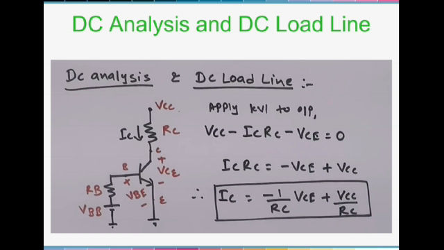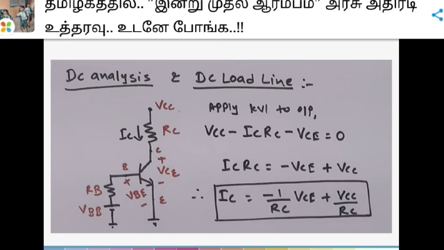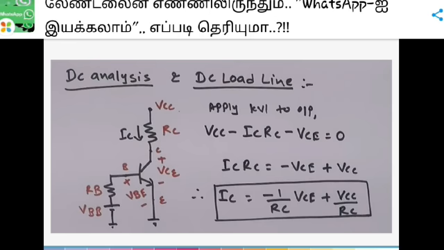So the total voltage here is VCC minus the drop across the next resistor RC. Here the voltage drop, V equal to I into R, is ICRC. So VCC minus ICRC. Then VCE is in between the collector and emitter region.